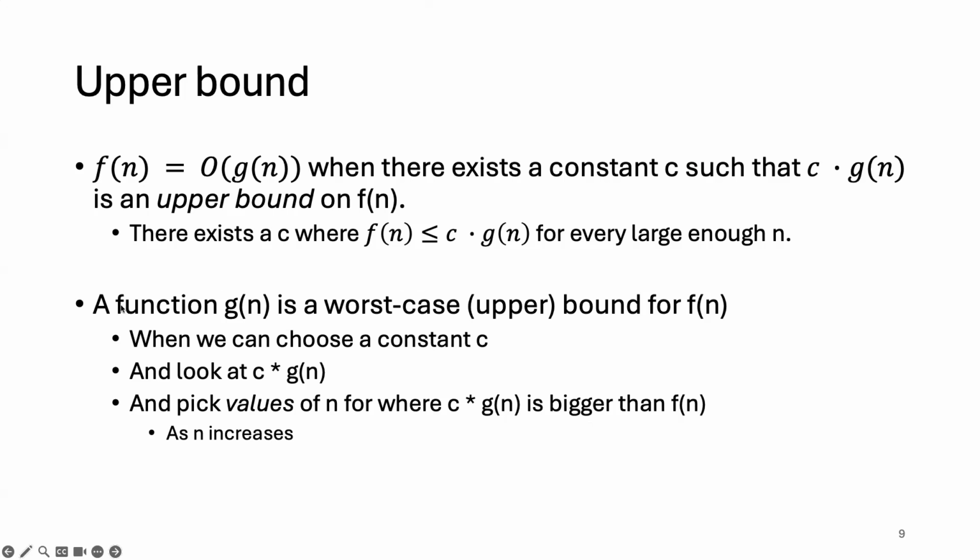Okay, so my rephrasing is a function g of n is a worst case upper bound for f of n when we can choose a constant c, look at c times g of n, and pick values of n where c times g of n is going to be bigger than f of n as n increases.